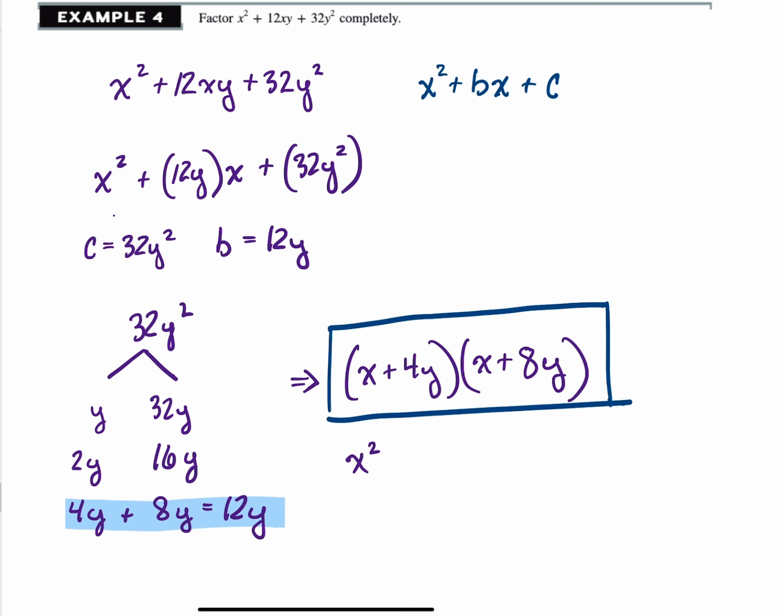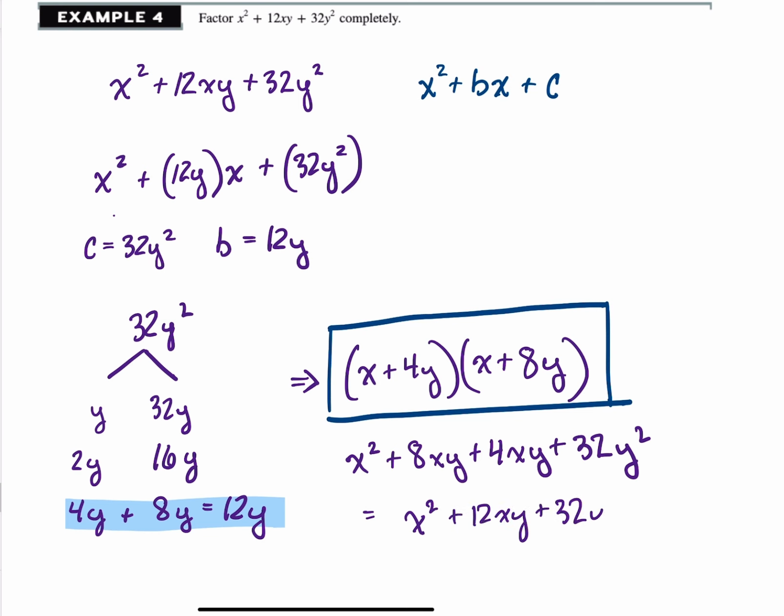Then our outer terms, x times 8y, so that will give us 8xy. Then our inner terms, 4y times x, so plus 4 times x times y. Then our last, 4 times 8 is 32, and y times y is y squared. So adding those middle terms, we get x squared plus 12xy plus 32y squared, which was our original statement here.